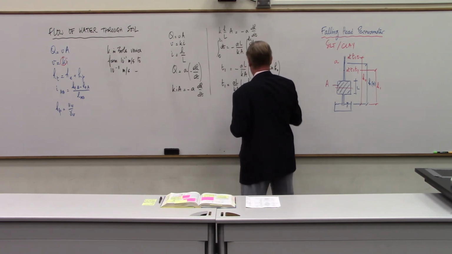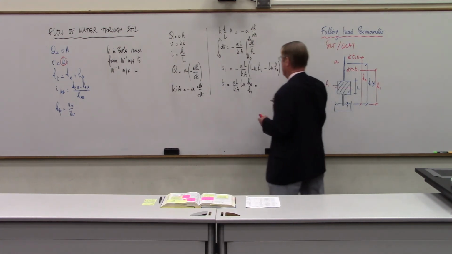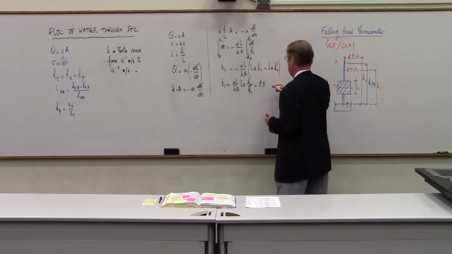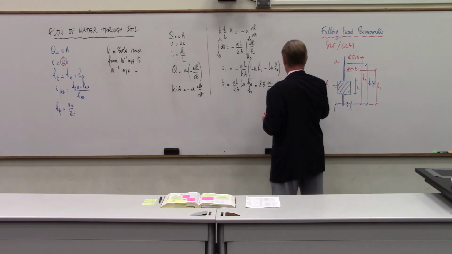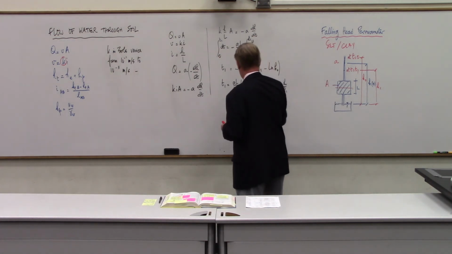And if I want it in decimal log, because this is the Neperian or natural log, then that would be 2.3. That's the ratio with the natural log for the decimal log. AL KA decimal log of H0 over H1. And then I can take K out of that.